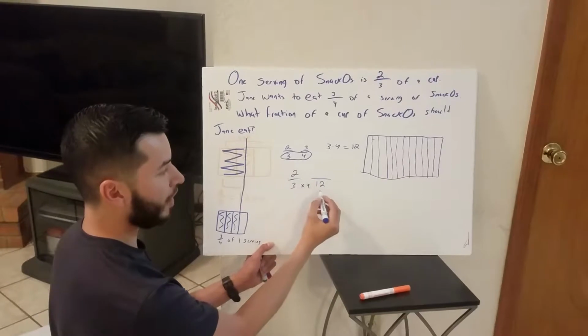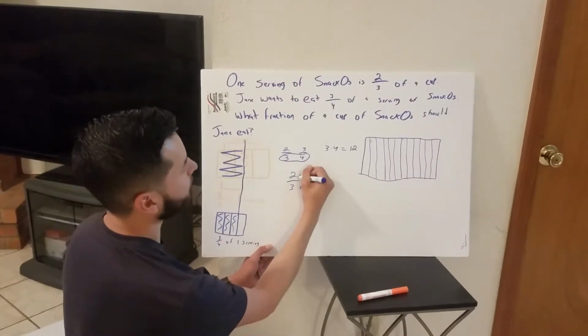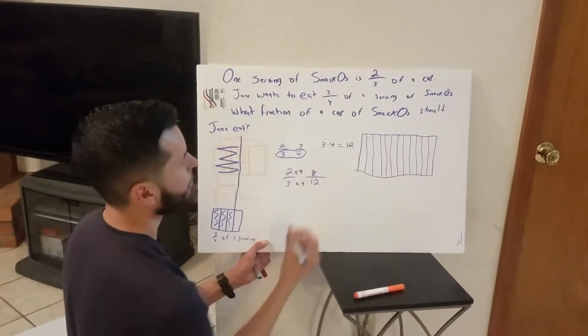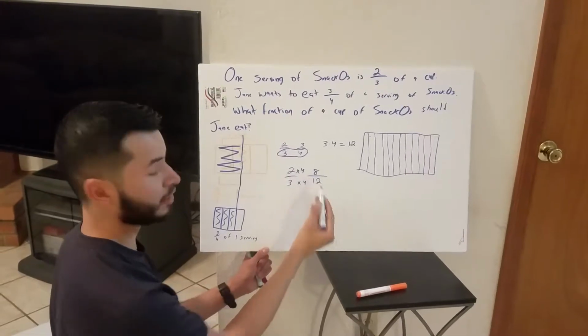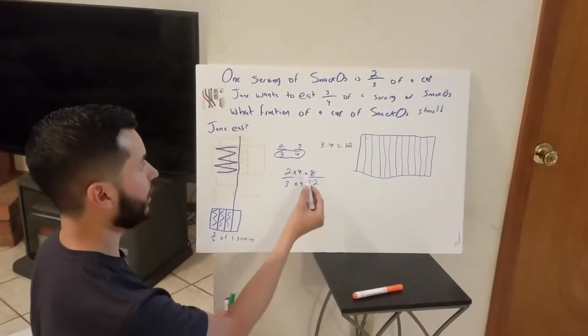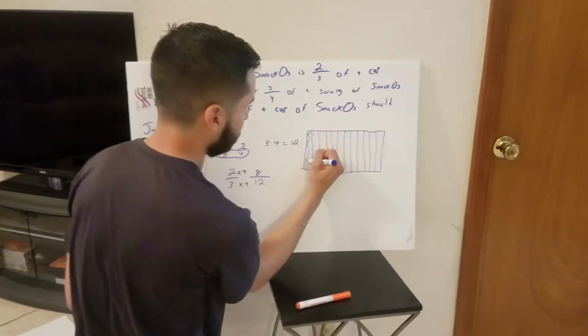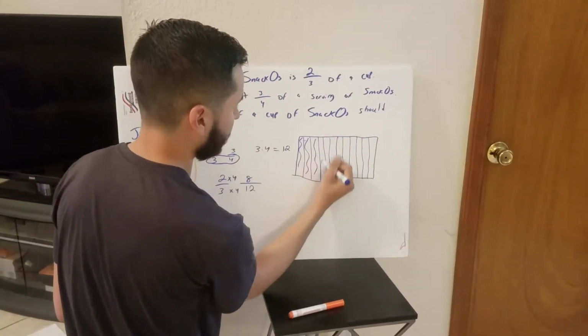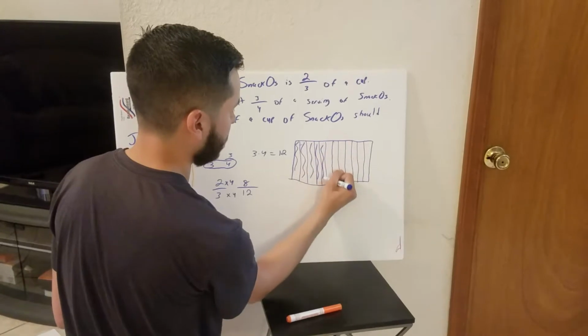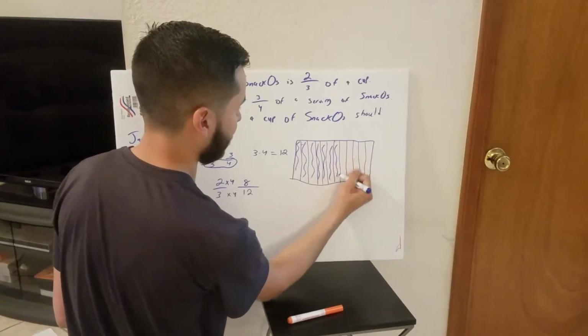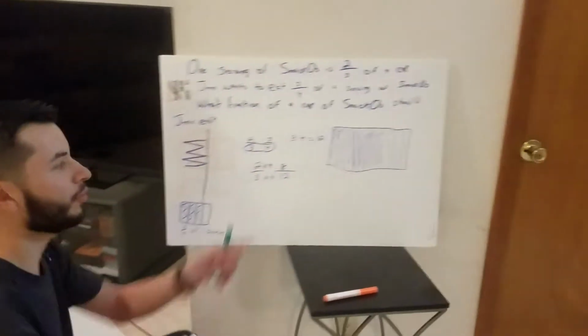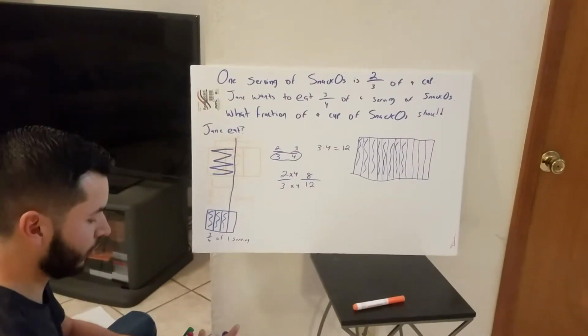So what we do to the bottom, we have to do to the top. So 2 times 4 gives us 8. So 8/12 is equivalent to 2/3. So 8/12 is 1 serving. Let's go ahead and do that. 2, 3, 4, 5, 6, 7, 8. Alright, so we know 8/12 is 1 serving.